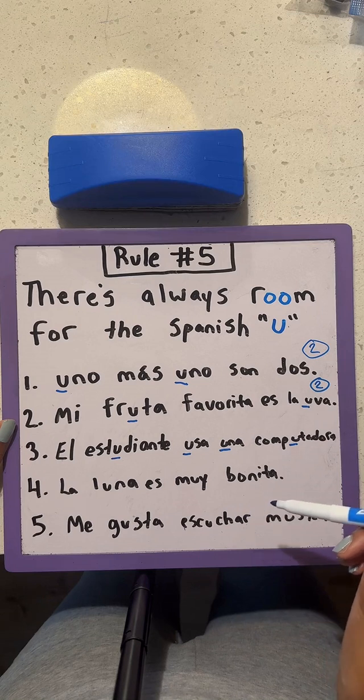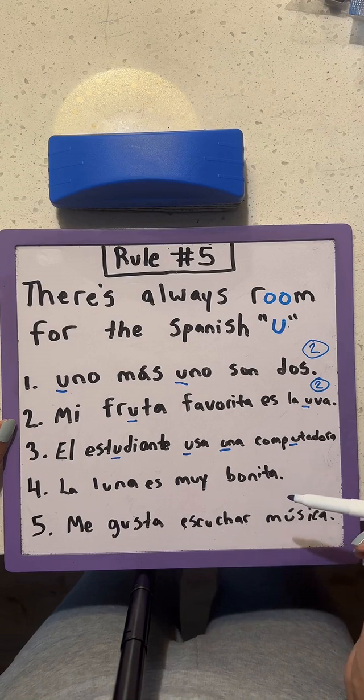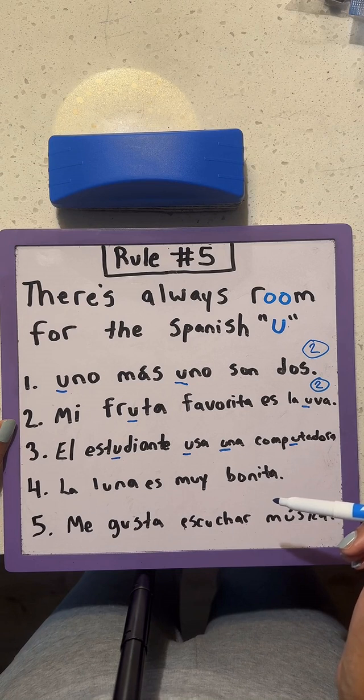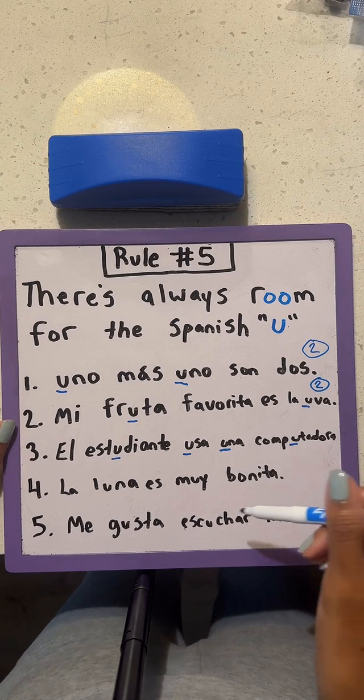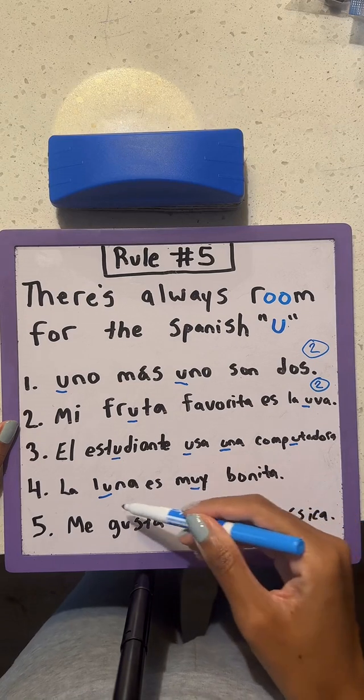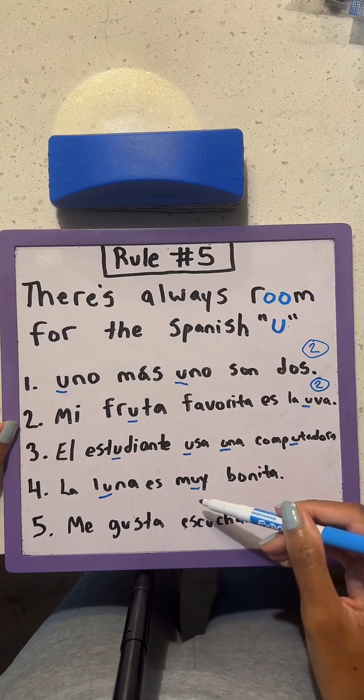La luna es muy bonita. Let's look a little closer. A lot of y'all are saying 1 time, but it's actually uno, dos. Yep, 1 in luna and 1 in muy.